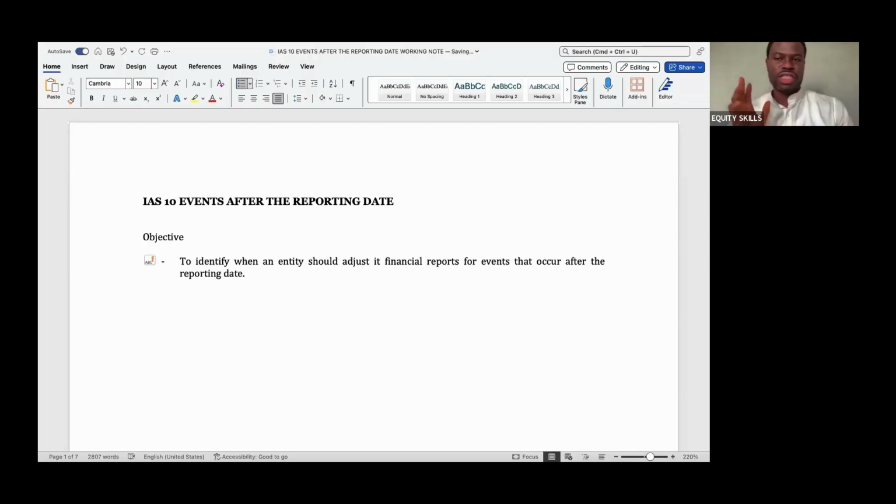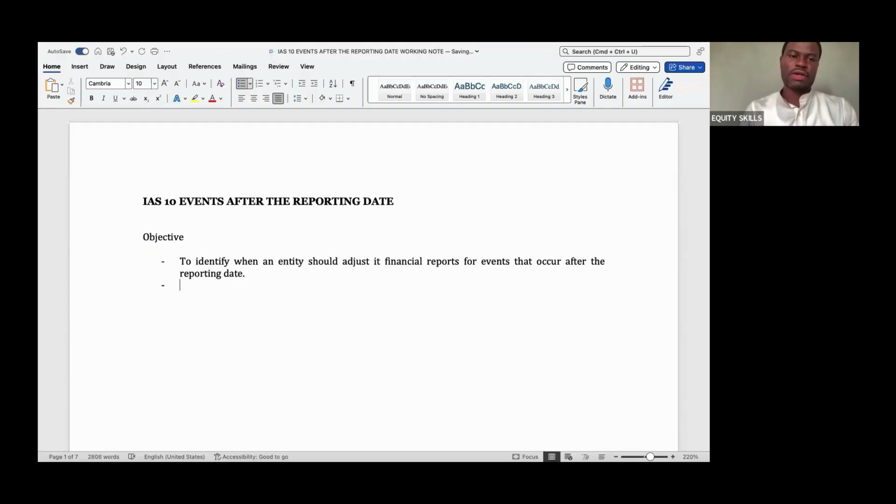That's the first thing we want to know as far as IAS 10 is concerned. When can we adjust our financial reports for events that occur after the reporting dates?